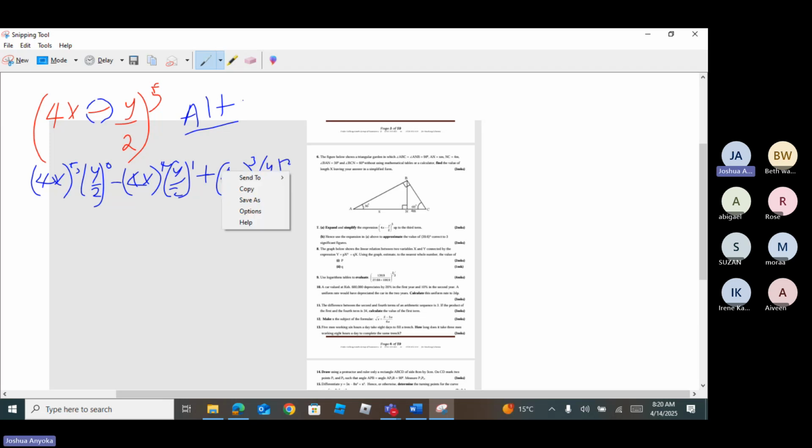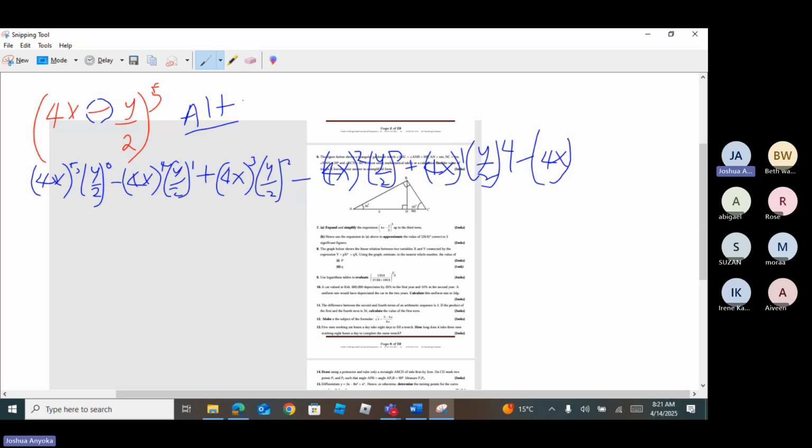As we said, the power keeps on increasing for the second term and decreasing for the first term. And if it is negative, it keeps on alternating. 4x power 2, y over 2 power 3, plus 4x power 1, y over 2 power 4, minus 4x power 0, and y over 2 power 0.